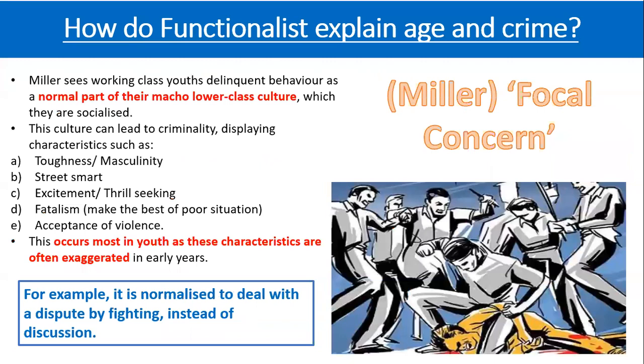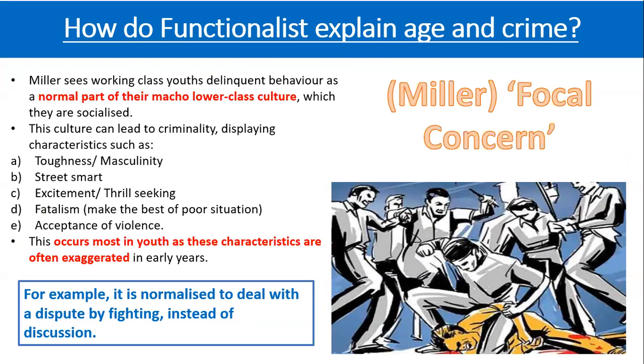So the second functionalist we need to know, it's not Merton this time, it's Miller with focal concerns. Miller sees working class youths' delinquent behavior as normal and as part of macho lower class culture, which they are socialized into.